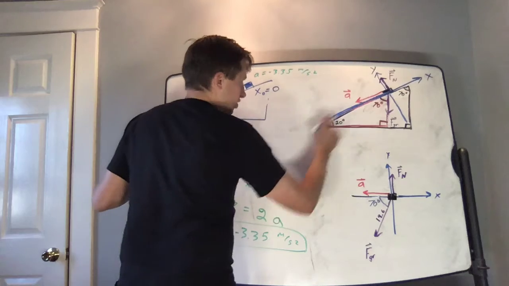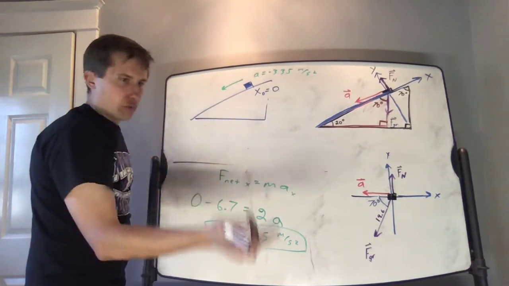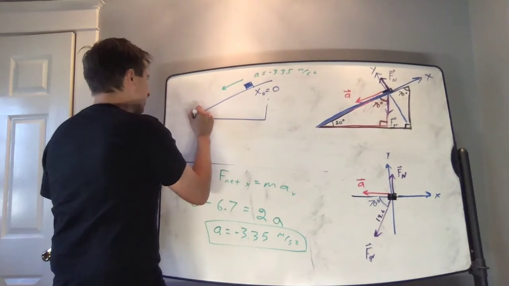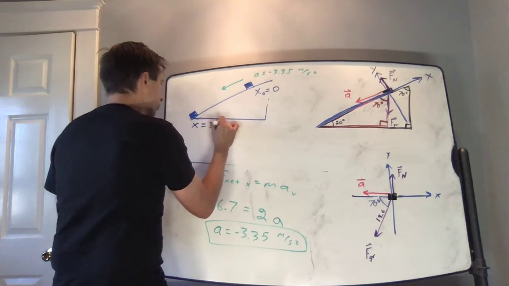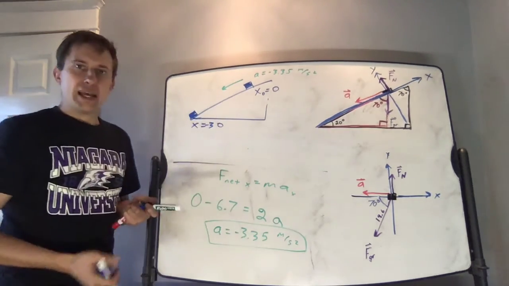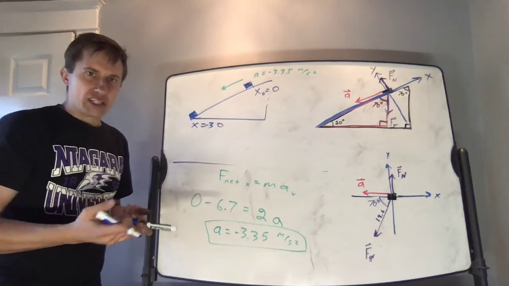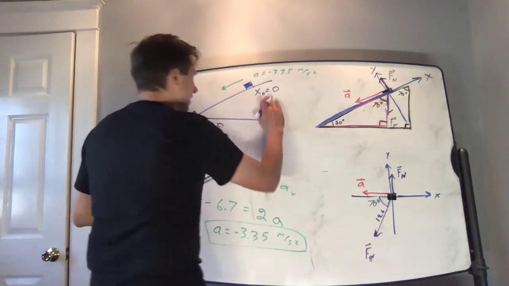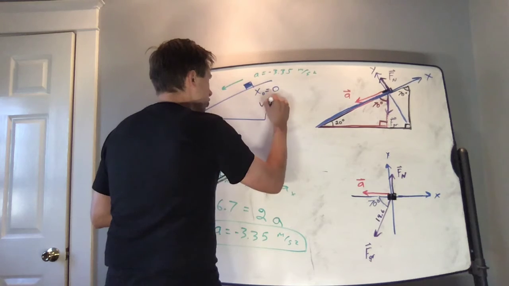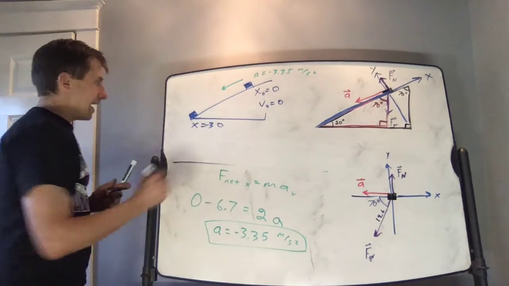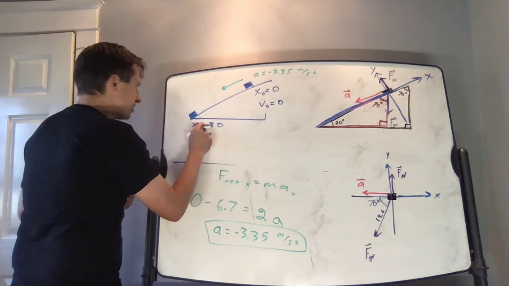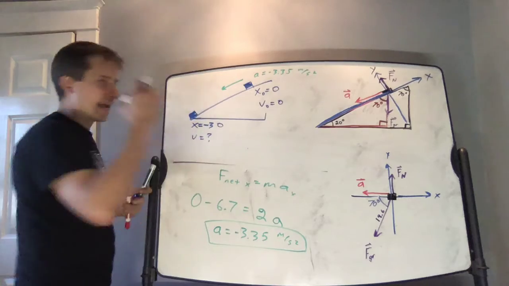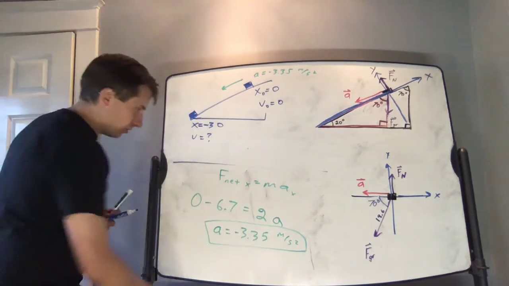If the crate is 30 meters above the bottom of the ramp, that would imply x final down here. X final is equal to -30. Now, if we say the crate begins at rest, that is like saying V initial is equal to 0. And we are asked what is V final equal to. So at this point, I have enough information to plug numbers in and solve for V final.